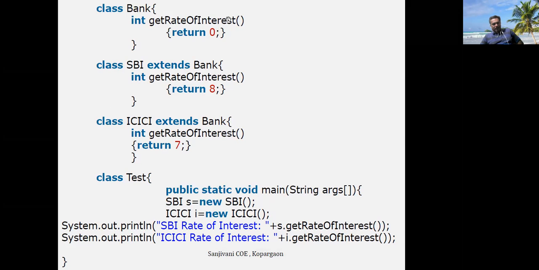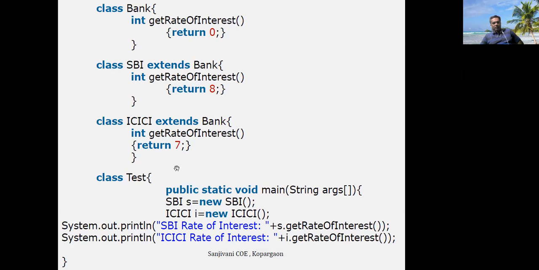Inside these three classes, the implementation of the same method, int getRateOfInterest, is defined. Here a same signature method is defined inside the base class as well as inside the derived classes SBI and ICICI.